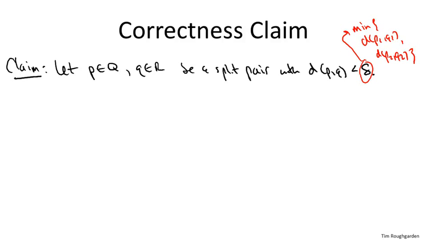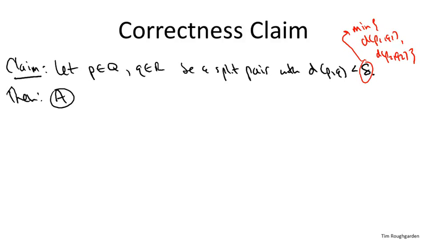This is exactly where neither recursive call successfully identifies the closest pair of points. Instead, that closest pair is a split pair. On the other hand, if we are in the lucky case, then there will not be any split pairs with distance less than delta, because the closest pair lies either all on the left or all on the right, and it's not split. But remember, we're interested in the case where there is a split pair that has distance less than delta, where there is a split pair that is the closest pair.